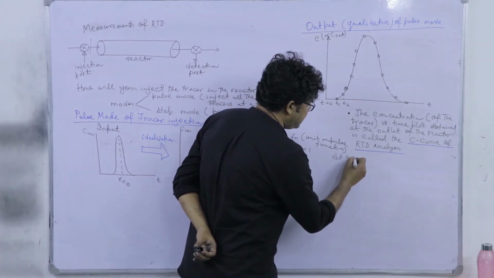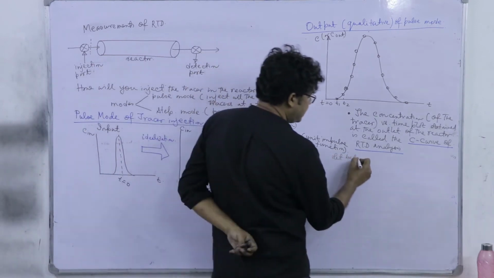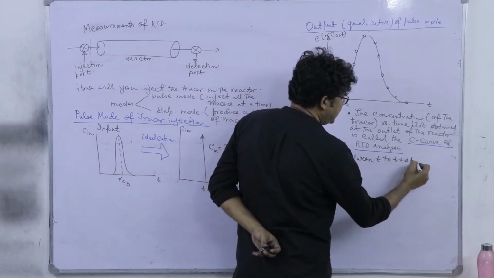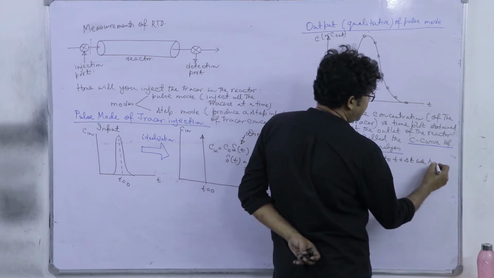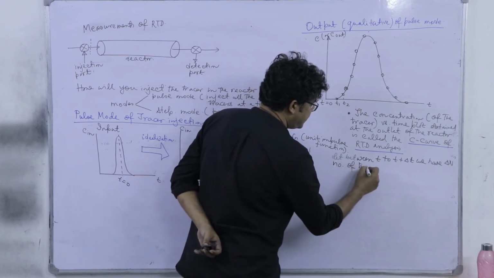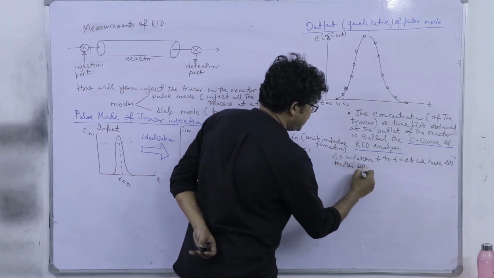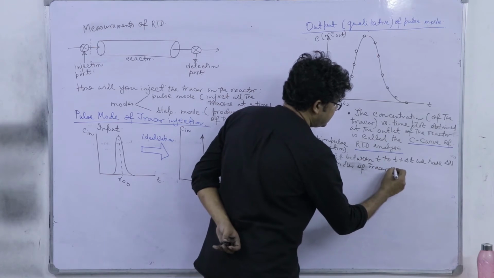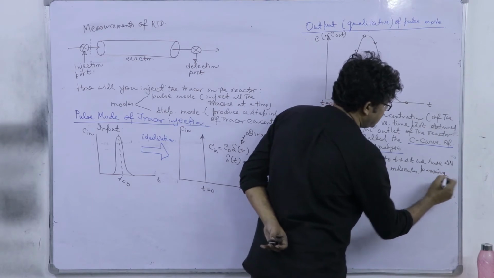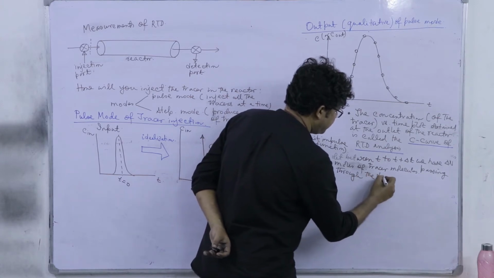Let between t and t plus delta t, we have delta n moles of tracer molecules passing through the detection port.